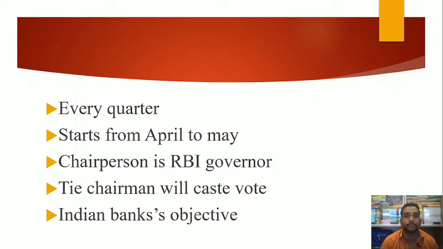I already said that if the repo rate increases, banks automatically increase the interest rate. When the interest rate increases, the cash flow of liquidity is reduced. Based upon these fluctuations, by the use of monetary policy tools, they decide what to do for this economy.